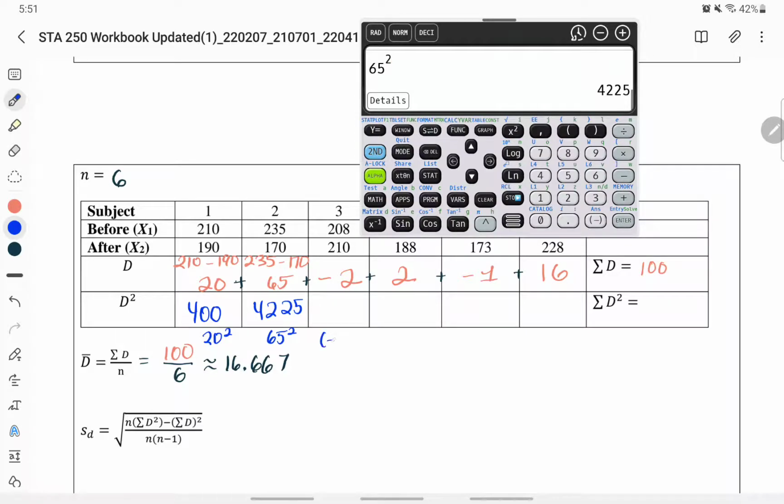Remember, when you square a negative number, it comes out as positive, and you must put the negative in parentheses before you square it. 2 squared is 4. Negative 1 being squared is positive 1. And 16 being squared is going to be 256. To find the sum of D squared, you're going to add up all the values in blue. And that's going to equal 4,890.